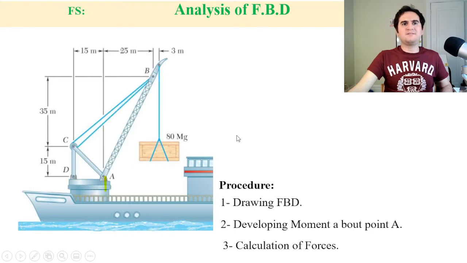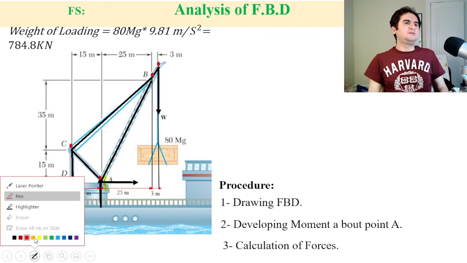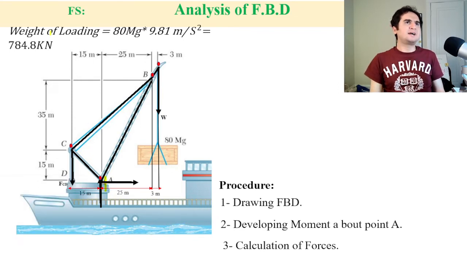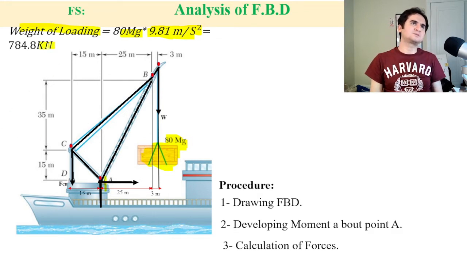And by having so, we just calculate the hanging weight of our load, so that's 80 megagram, the weight of loading, times the acceleration g in SI, which is 9.81 meters per second square, and it gives almost 800 kilonewton in terms of hanging W.